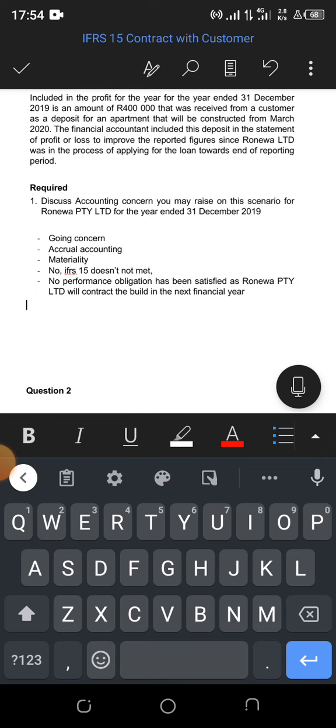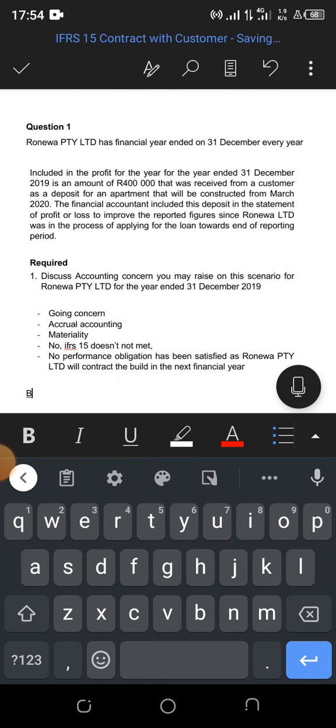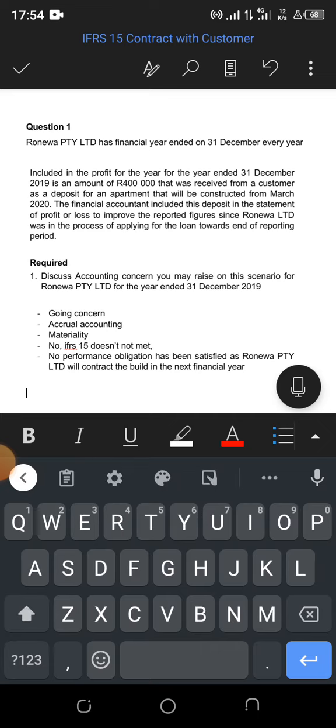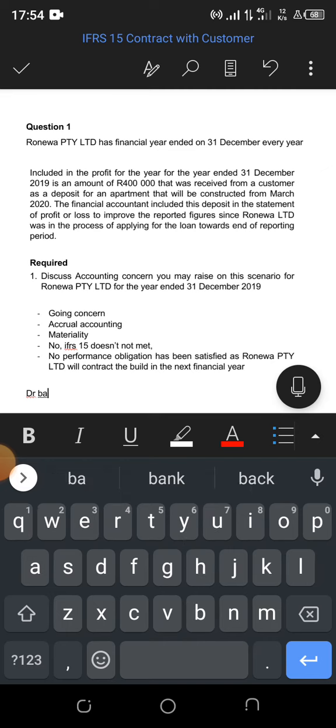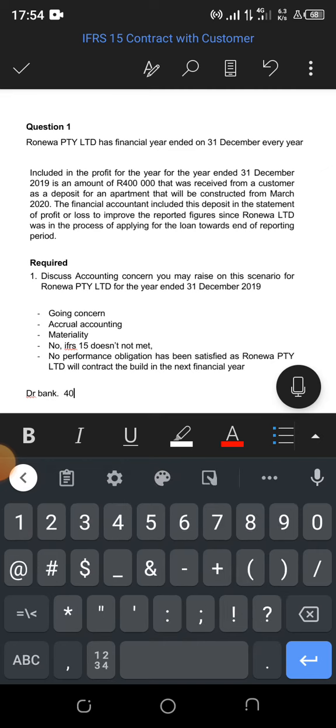Okay, what was supposed to be done? Now we have to show the journal of what was supposed to be done. They were supposed to record bank. They were supposed to debit bank with the amount of 400,000.